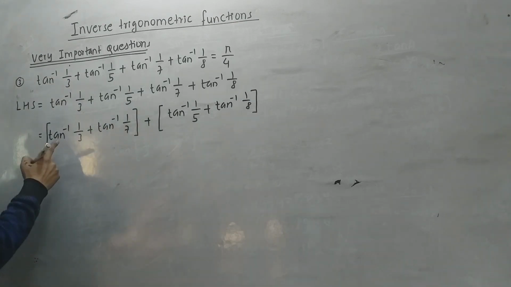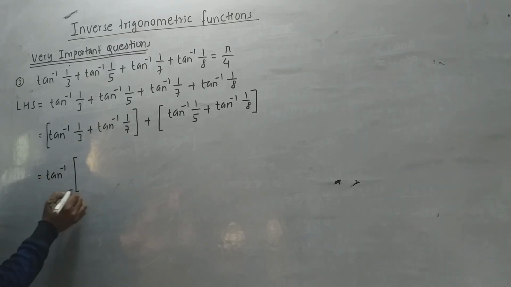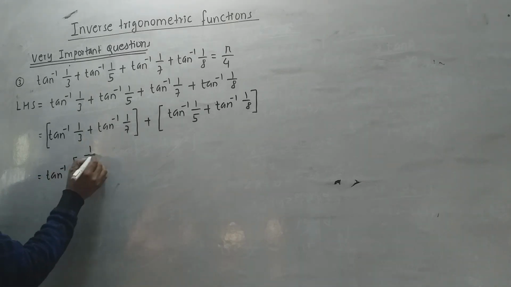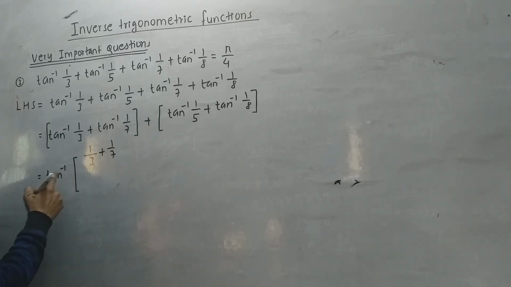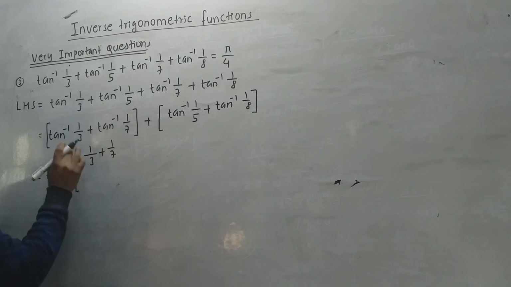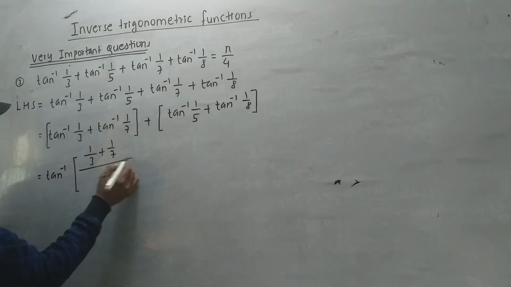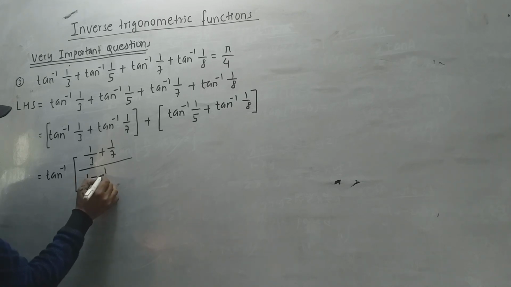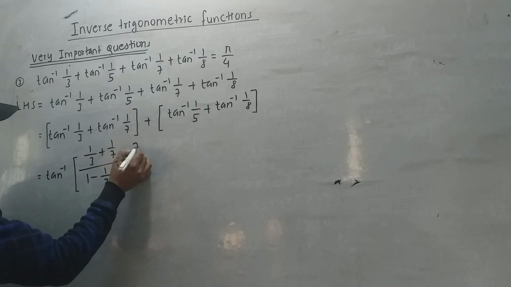Now you can use the formula for tan inverse x plus tan inverse y. It will be tan inverse of x plus y, that is 1 by 3 plus 1 by 7, whole divided by 1 minus x times y, that means 1 by 3 into 1 by 7.